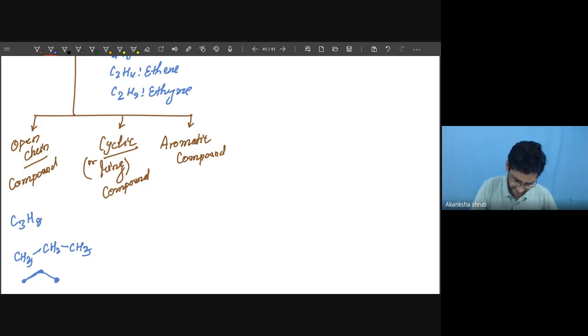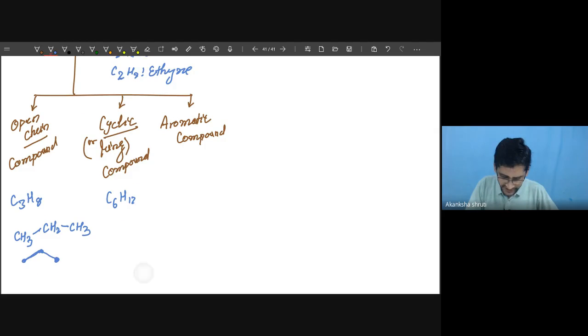These are the three carbons. But if we consider the cyclic one, like C6H12, though an alkene is also possible, this can be our six carbons.